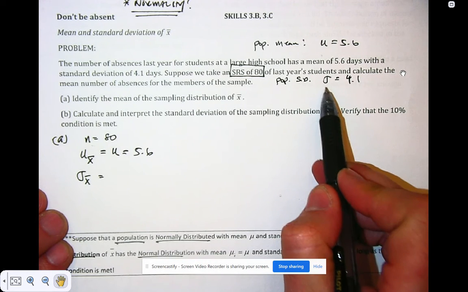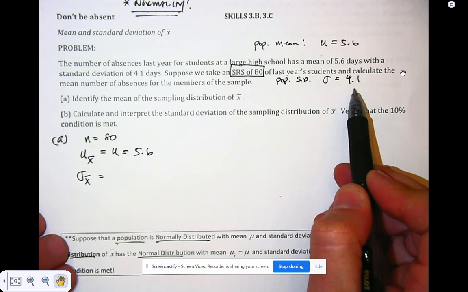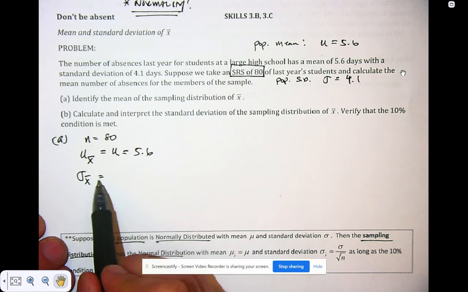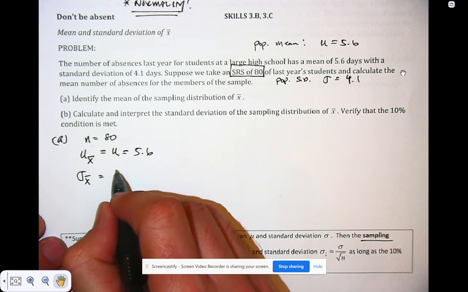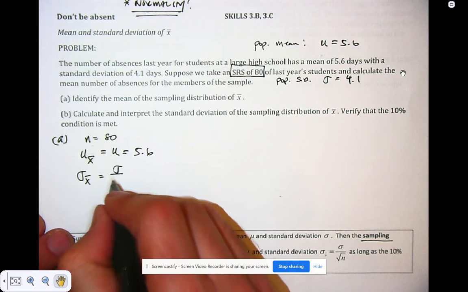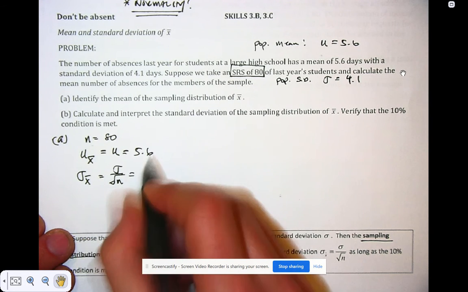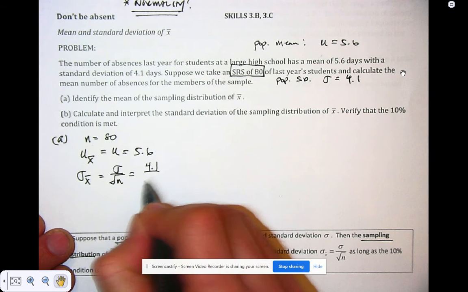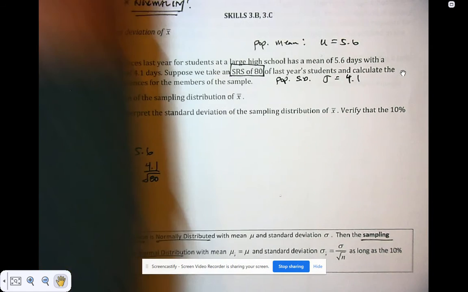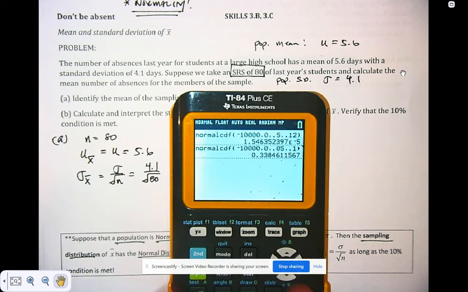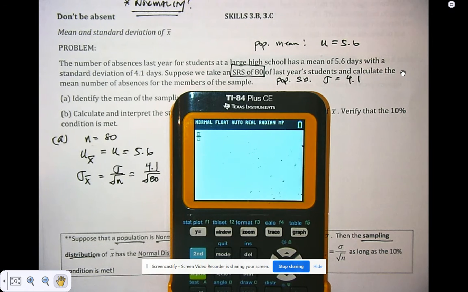The population standard deviation is for looking at one at a time, but with 80 students, your standard deviation is the population standard deviation over the square root of n. So you take 4.1 and divide it by the square root of 80. We hit alpha y equals enter, 4.1 over the square root of 80, and we got 0.458.